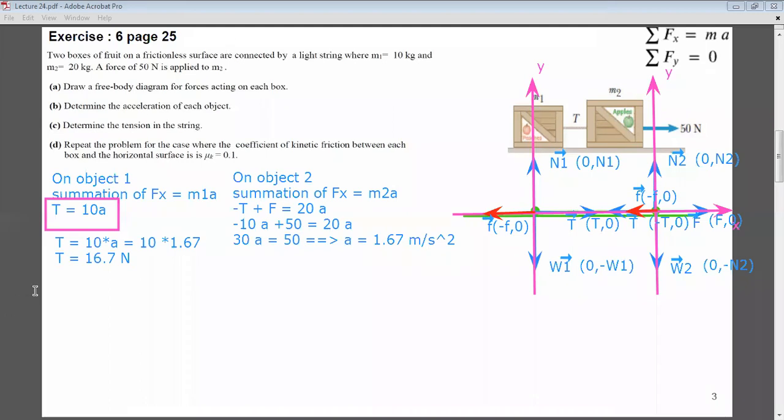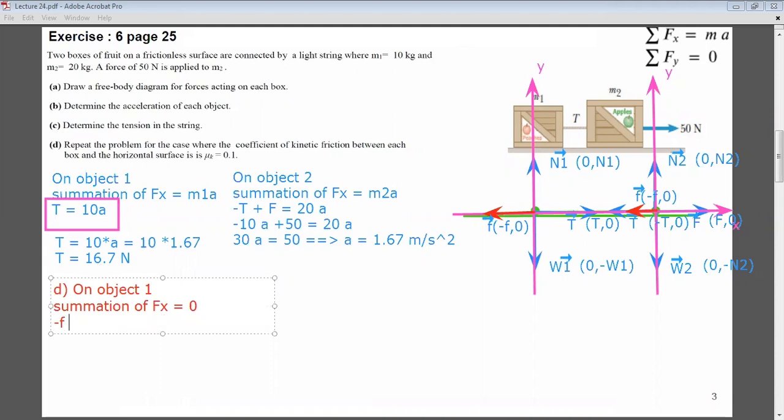So let's solve it here. Similarly, I will do it on each object. Let's do it in red. So this is part D now. So on object one, what do I have? I have minus f on the x-axis because we will also be doing summation of Fx. So what do I have?